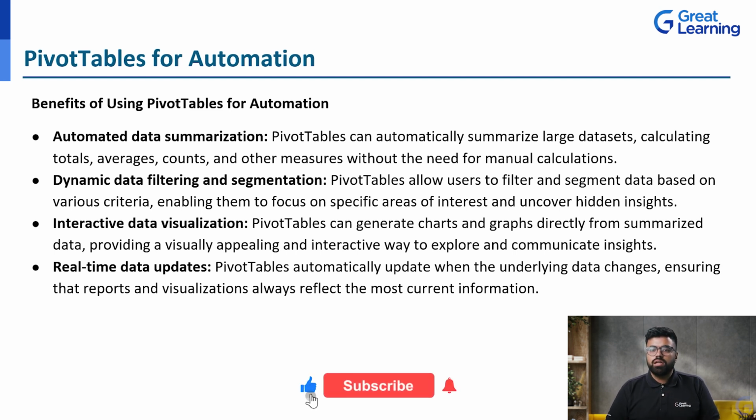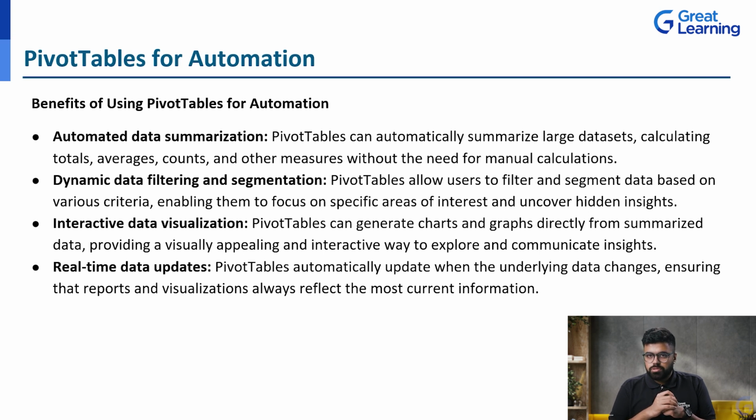Pivot tables can automatically summarize large data sets, calculating the totals, average, count, and other measures without the need of any manual calculations. Second is dynamic data filtering and segmentation. Pivot tables allow users to filter and segment data based on various criteria, enabling them to focus on specific areas of interest and uncover any hidden insights, if there are any, right?